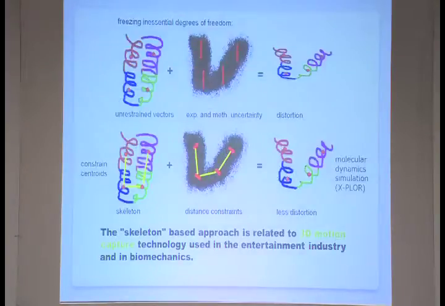CITES is a coarse grain model. It uses a reduced representation of both the map and the coordinates, called vector quantization, with code book vectors.